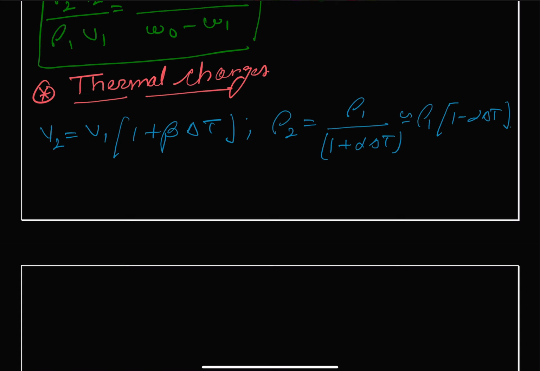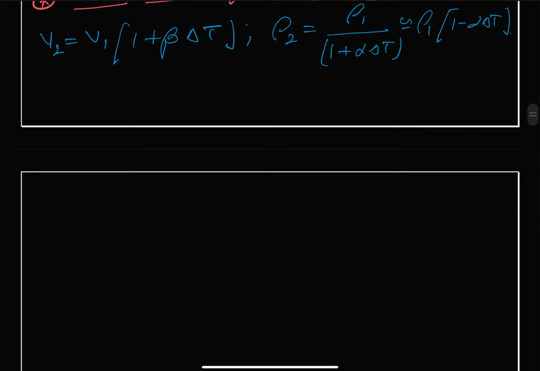And therefore we can also write that ρ2 V2 upon ρ1 V1 will be equal to (1 plus beta delta T) upon (1 plus alpha delta T).